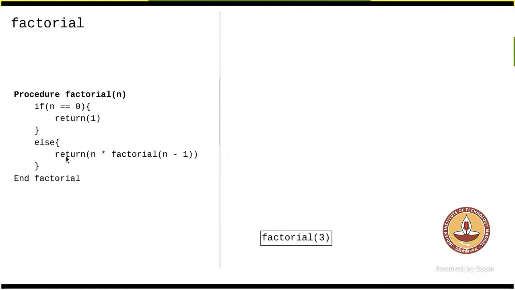I'm going to return 3 into factorial of 2, that is, n into factorial of n minus 1, and in this case n is 3. I'll write the procedure call here on the left hand side, and whatever the function returns, I will write on the right hand side. Okay, so I call factorial of 3.